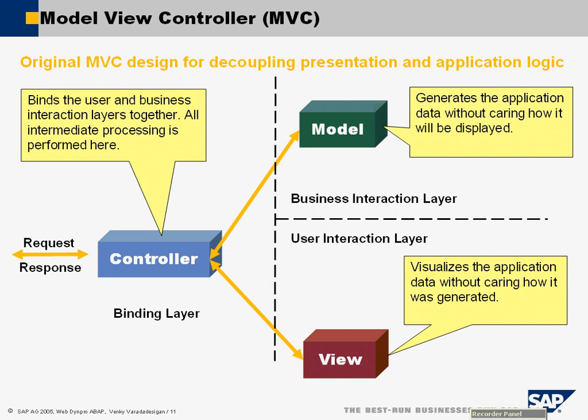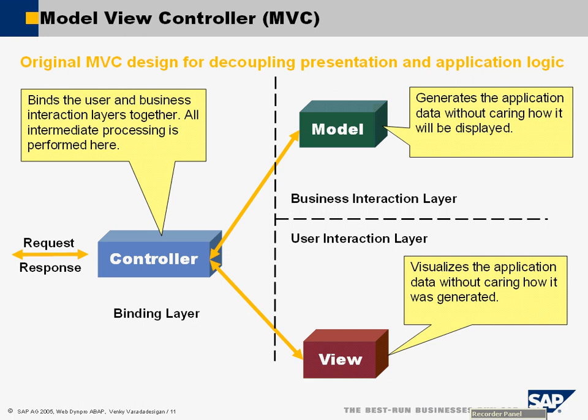Okay, so this is a good practice to follow if you want to segregate really the UI presentation from the backend and business logic, right? Because you don't want to intertwine these two, and that will become a maintenance nightmare. Okay, so the Web Dynpro doesn't exactly follow the MVC model.